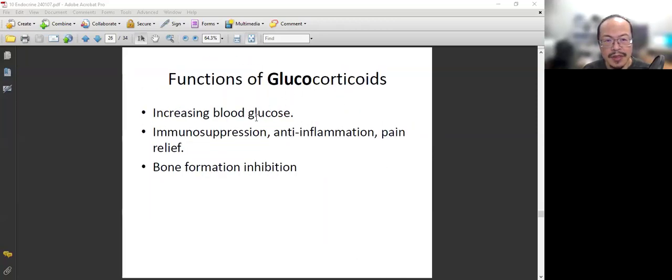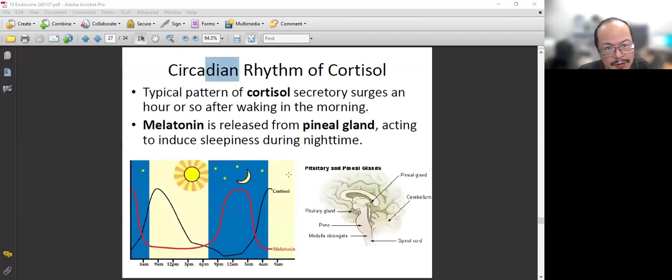Glucocorticoids or cortisol, their function is to increase blood glucose level. So now we have three hormones that regulate glucose level. Glucocorticoids or cortisol increase blood glucose level. Glucagon increases blood glucose level. And insulin decreases blood glucose level.